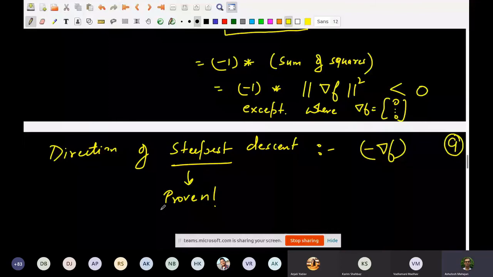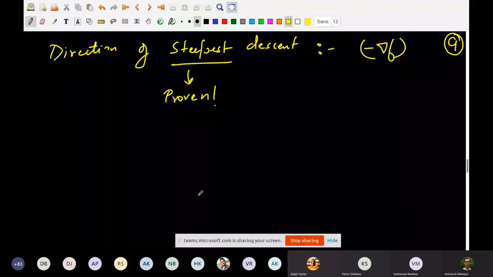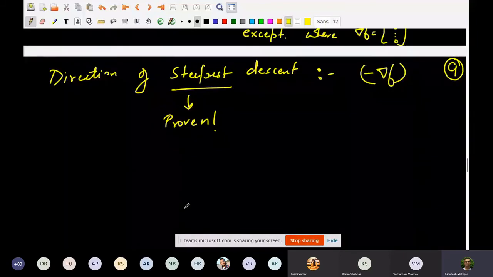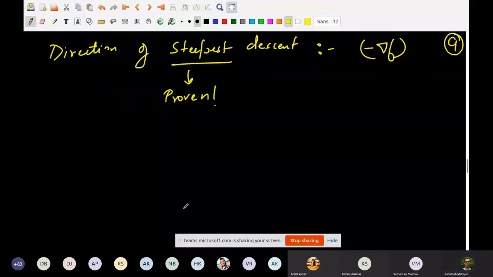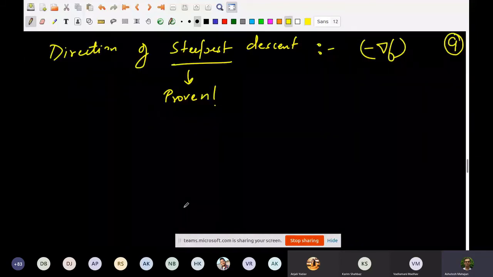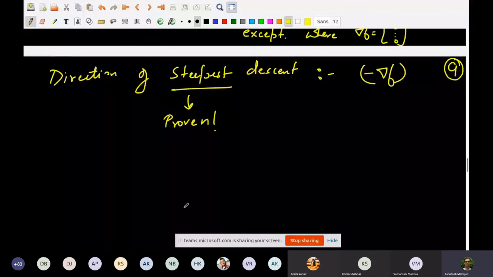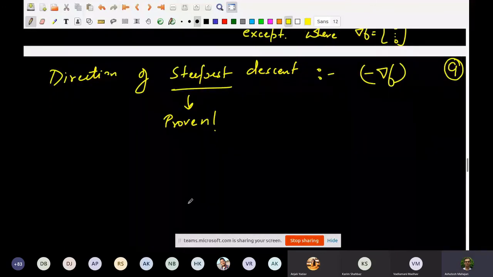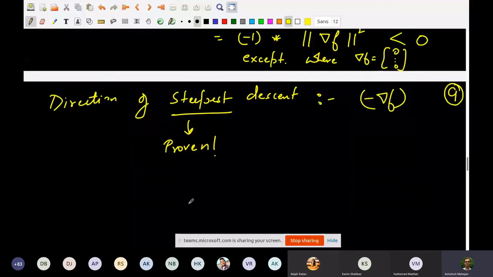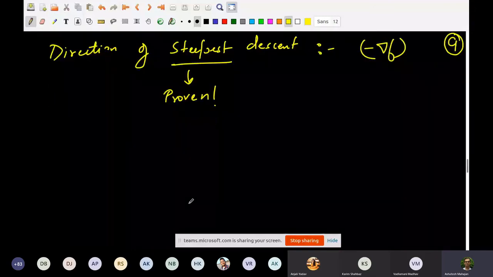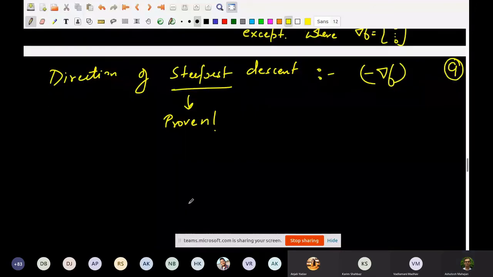There's a question. Kritika is clarifying that we don't have to go in the direction of the gradient, but opposite to the gradient. Saying opposite to the gradient is so tedious that most optimizers will just say gradient, and expect that the whole world will understand that they want to go in the opposite direction.